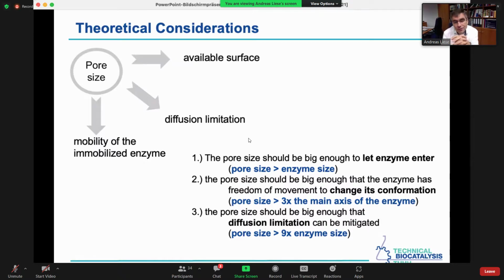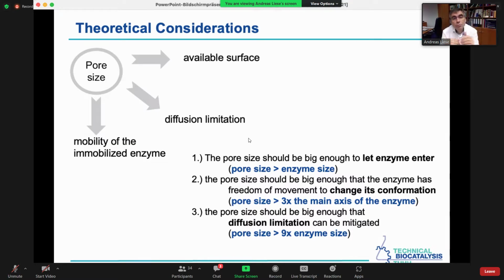you got to know now the principal reactors that there are, and we have already talked about the particles. And what we're doing the rest of the next half hour in this lecture is that we are thinking about how can we characterize now these particles or these immobilizates, so the active enzyme on the particle.